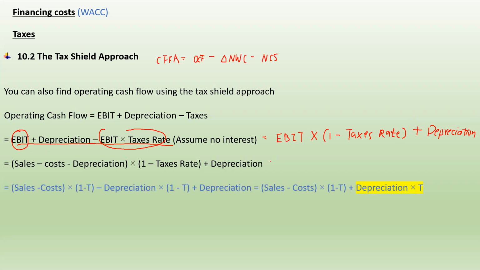So earnings before interest and tax equals to sales minus cost minus depreciation. So we can rewrite this formula as sales minus cost times 1 minus tax rate.